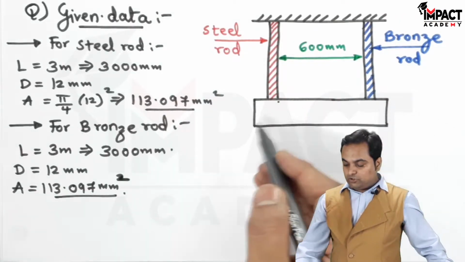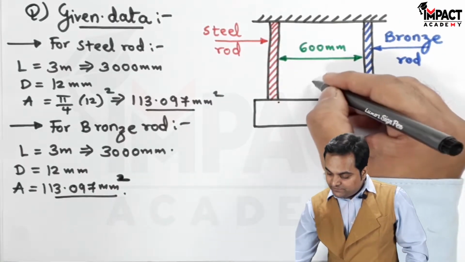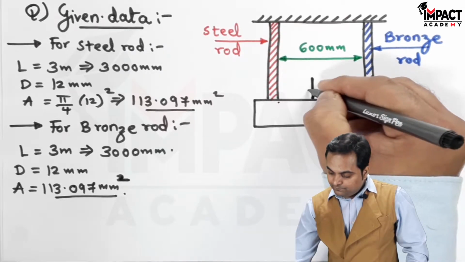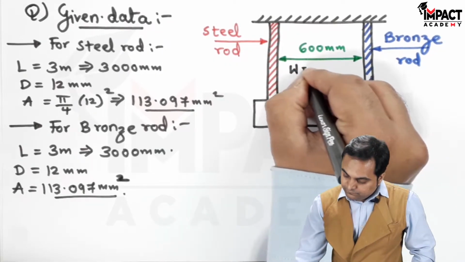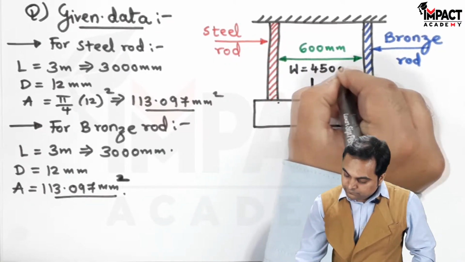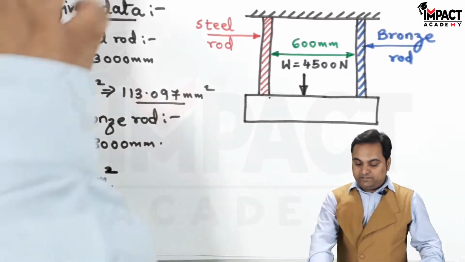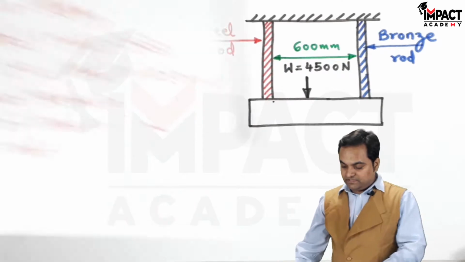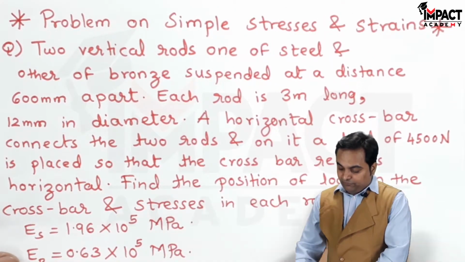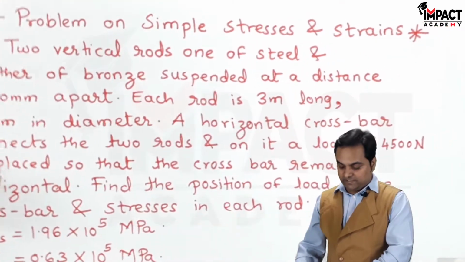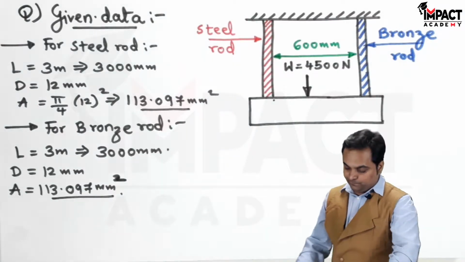So here there is a crossbar over which a load of 4,500 Newton is placed, and it keeps the bar horizontal as given in the problem. We have to find the position of load on the crossbar and stresses in each rod.